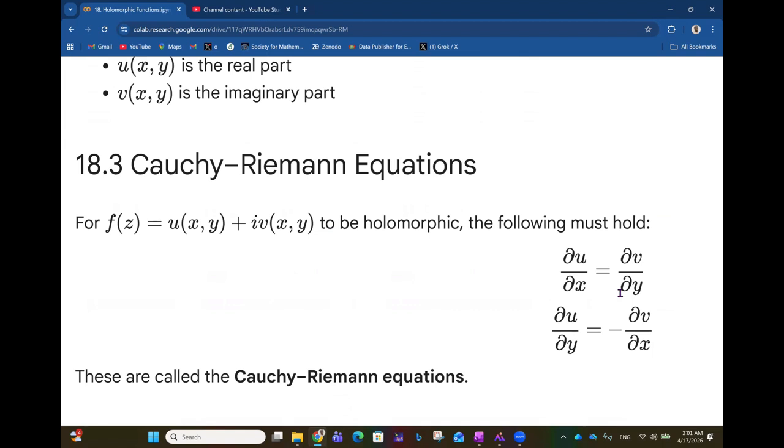Differentiability doesn't just stop at being able to differentiate across the paths; it also depends on the system obeying the Cauchy Riemann equations, which are defined as partial u partial x equals partial v partial y, based on this u and v, and partial u partial y equals minus partial v partial x. These are called the Cauchy Riemann equations, and the last video was totally dedicated to that. In case you need to know how we derived this, you may want to check out that video.